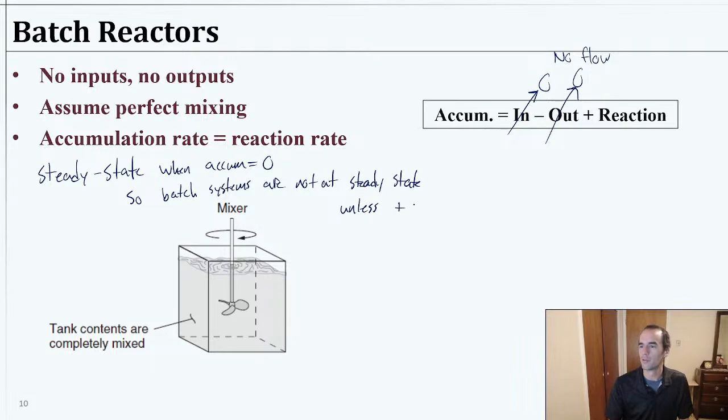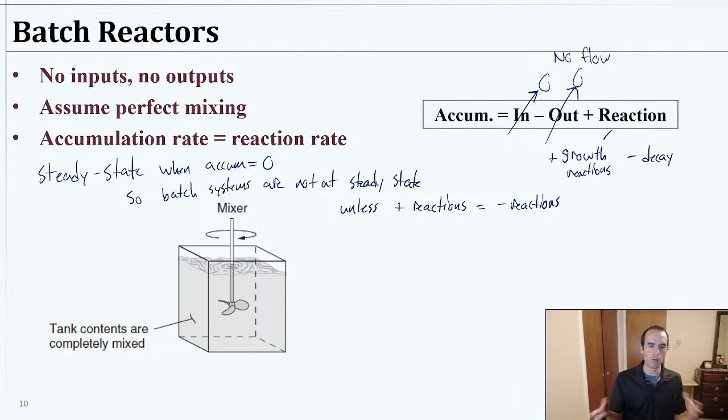Unless positive, so the reaction term here, and that's probably a good thing to note, we could write it as growth, so we'll say plus the growth reactions minus the decay.